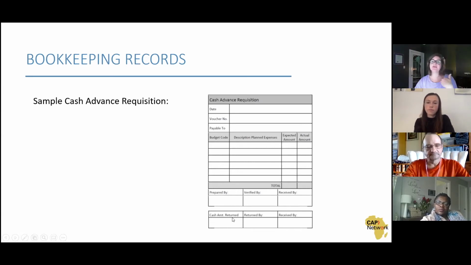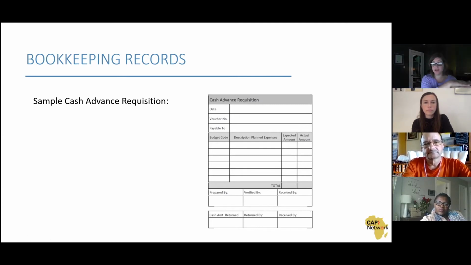So if you didn't spend as much as you thought you were going to spend, then you would be returning the cash along with this completed updated requisition form. So that money then goes back into the petty cash or your cash box, okay? That again has a place to say received by, okay? So whoever is in charge of the petty cash, whoever holds that cash box, would sign to say, yes, I have received 20 back, okay? And put it back in the cash account.